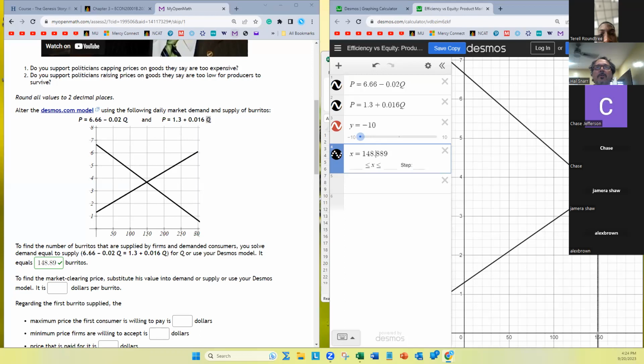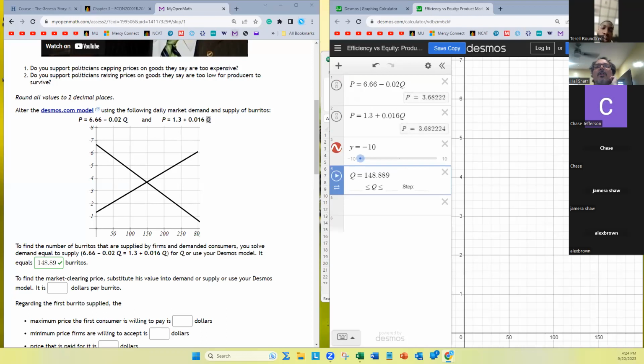Whoops, let me change that to capital Q. Notice what happens when I change this to capital Q. If I set capital Q equal to 148.889, this turns into a value, doesn't it? Desmos plugs this value of Q into this equation and gives you the equilibrium price, 368, right?